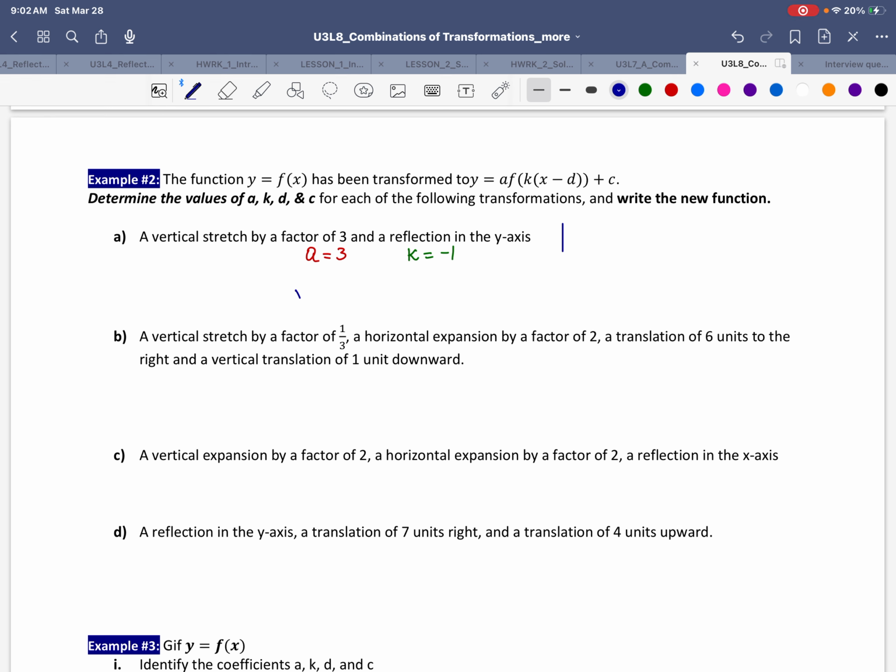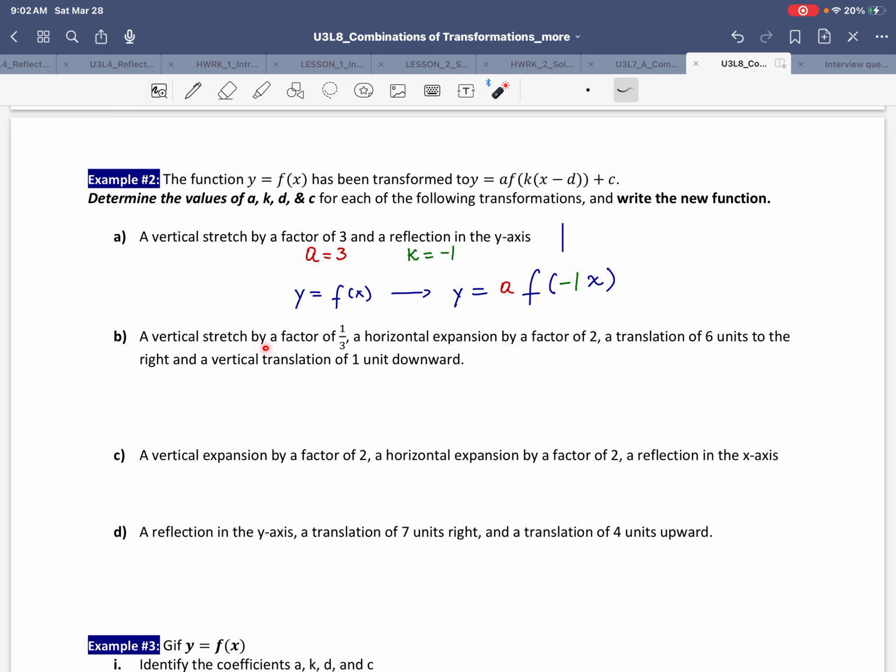So therefore, the equation y equals f of x has changed to become y equals a times f of -1x. Now you don't have to write the -1. You may as well just write the negative sign, and that's it.